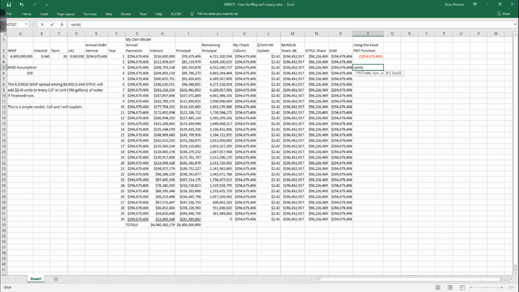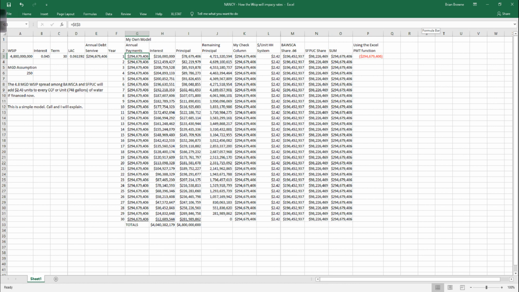Look at the future value and types, but I just closed the equation after the present value, and it gives me this amount here, which is exactly what I calculated using my level annualized cost formula. It's just how they create a mortgage, an annual mortgage.